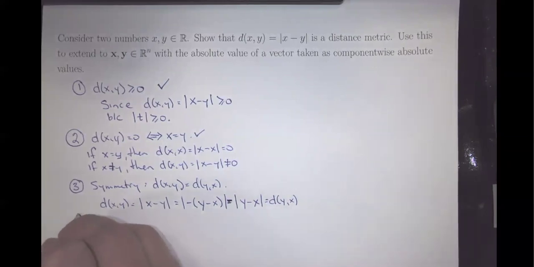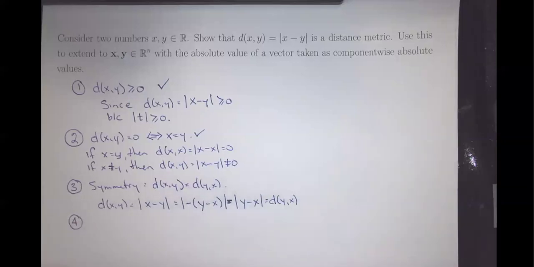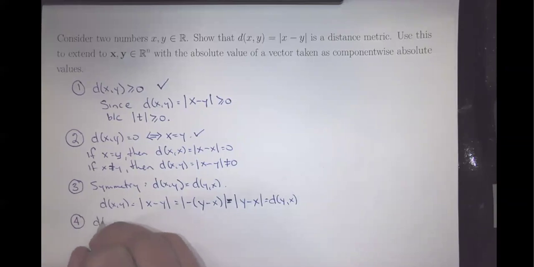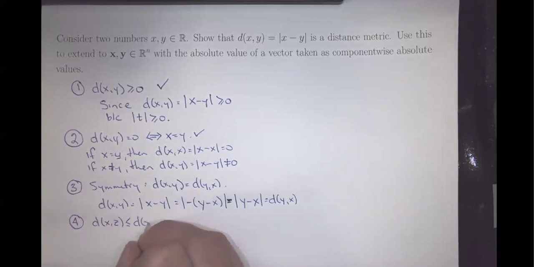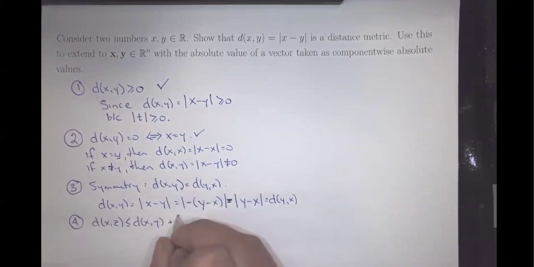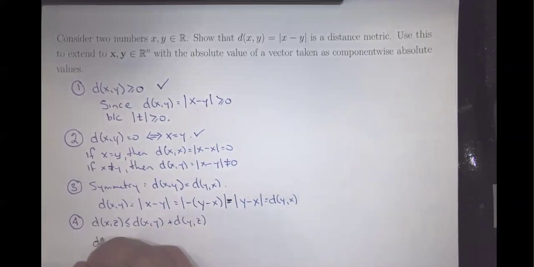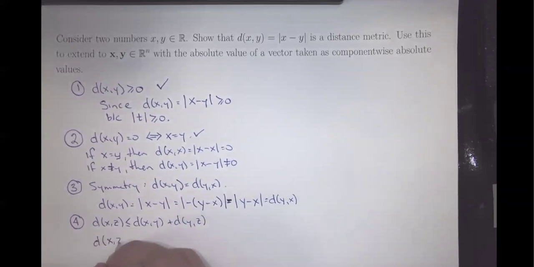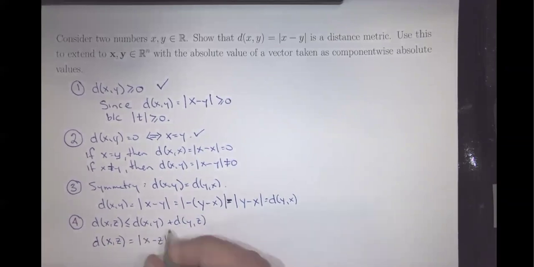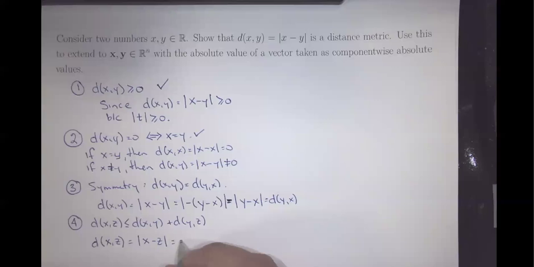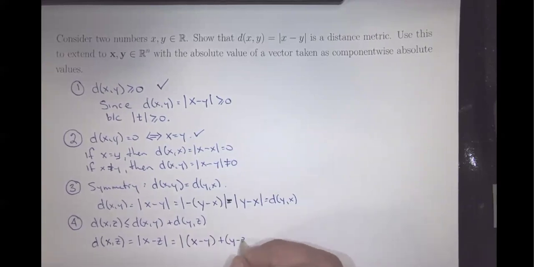Finally, we want to show that the distance between x and z is less than or equal to the distance between x and y plus the distance between y and z. The distance between x and z is equal to the absolute value of x minus z, which is equal to the absolute value of x minus y plus y minus z.